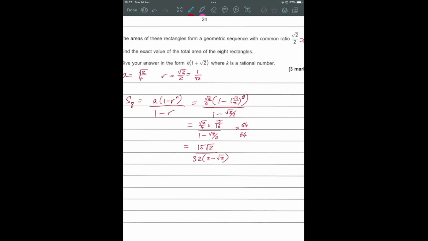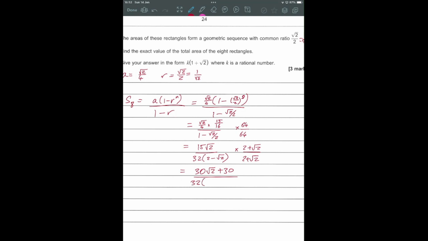Now I am noticing it is only 3 marks, so to do the full rationalization by hand is excessive. I'm going to do it anyway, but it is excessive. So the top's going to become 30 root 2 plus 30 over 32, 2 minus root 2 times 2 plus root 2.